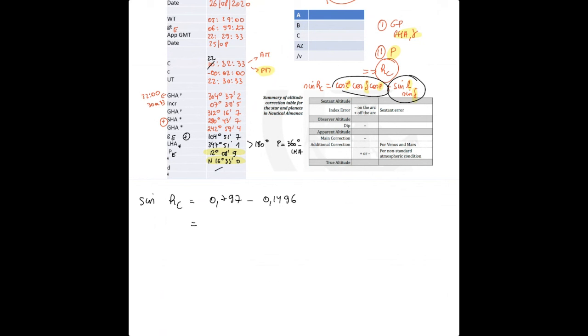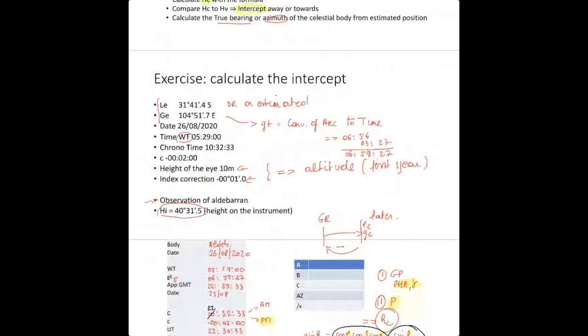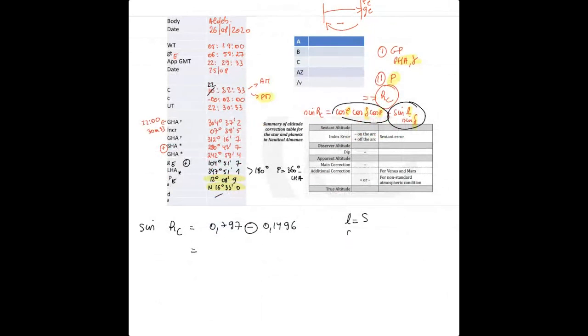Okay, we have to subtract in this case because our latitude is south, our declination is north, so they have a different name, so we have to subtract. Okay, because now declination is treated as a negative value, and so the sinus of a negative angle is negative, so this becomes a minus.